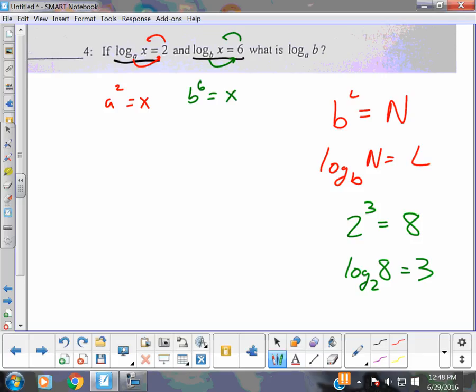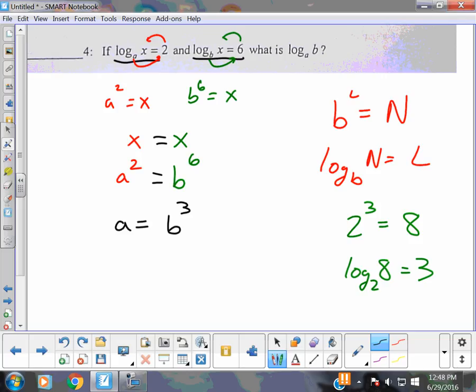Well, I can see right now that I have x equals x anytime I want. And I can change this x to a squared and this x to b to the 6th. If I take the square root of both sides, I see a is equal to b cubed.